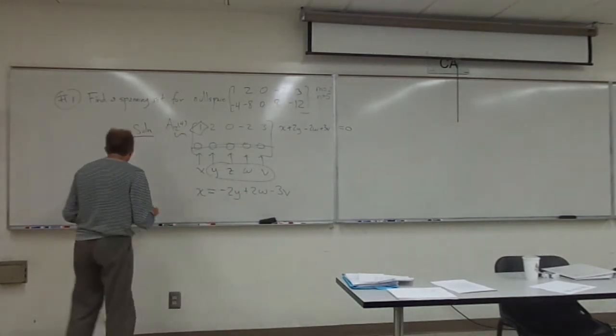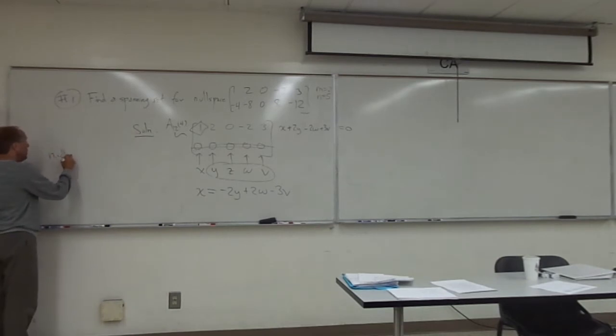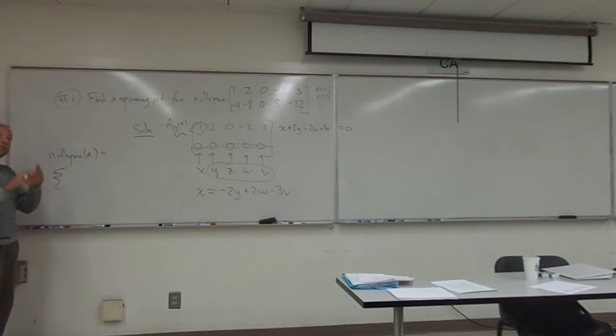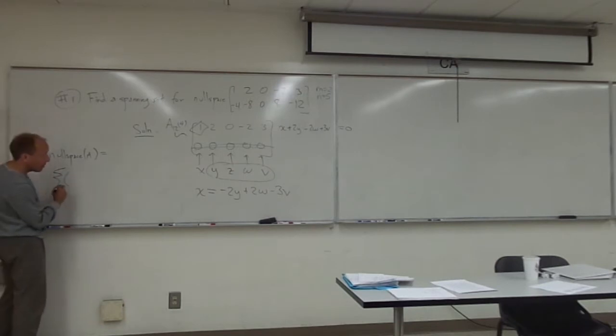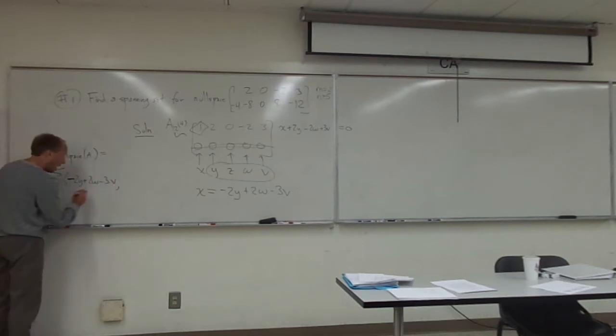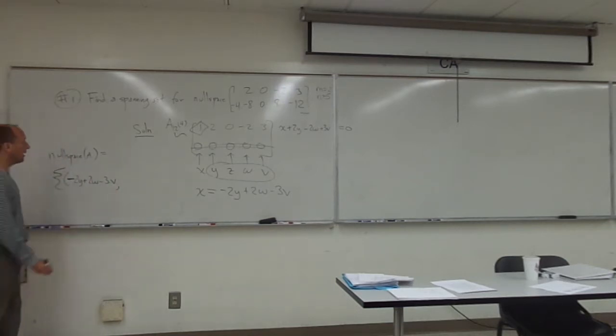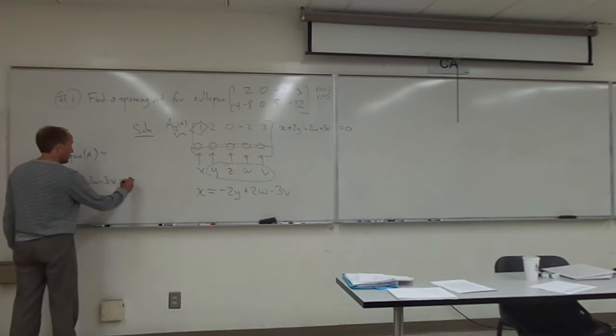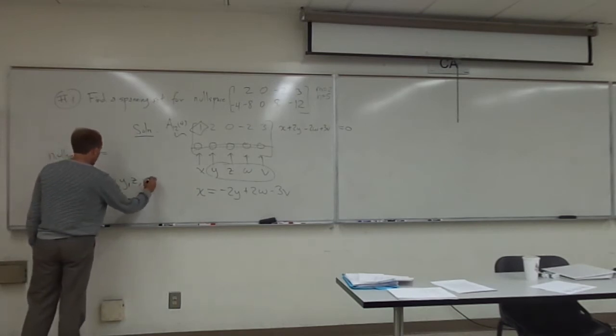So your null space, the null space of A, is the set. It's a set of vectors, so I have to use my squiggly little braces here. I start putting down my variables: negative 2y plus 2w minus 3v, comma, y, comma, z, comma, w, comma, v.